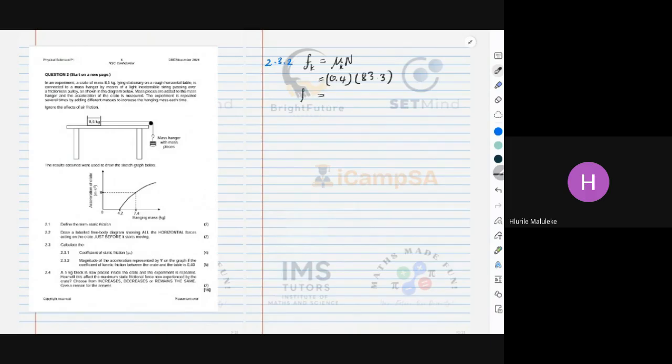Then you can have your Fk here, because we're still speaking about this box and this surface here, which is a rough surface. What is our Fk? This is your Fk here.